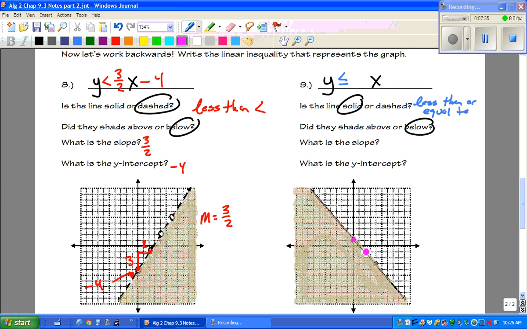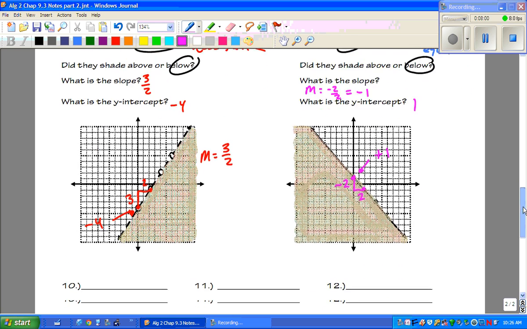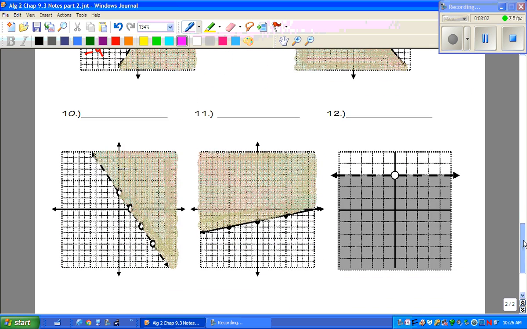You pick 2 points. I went down 2 over 2. So the slope is -2 over 2, which can be reduced to -1. And the y-intercept right there is at +1. So you're kind of doing some investigation work on this.